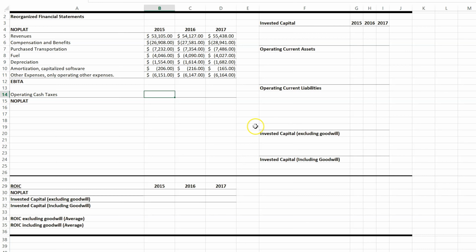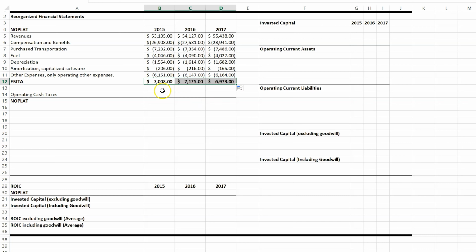Again, we're going to have a whole class on this because it's not trivial. We'll have to go into the income tax tables and calculate what's called the operating tax rate, and then find the operating cash tax rate. I'll sort of gloss over that for a little bit. We'll calculate EBITDA rather than dragging it, just to make sure we get our numbers right.